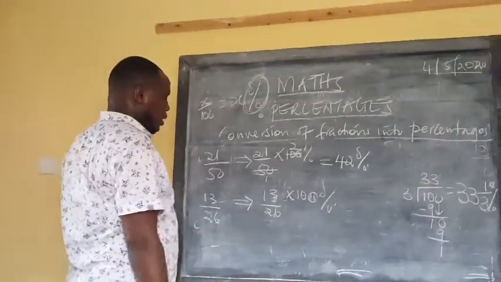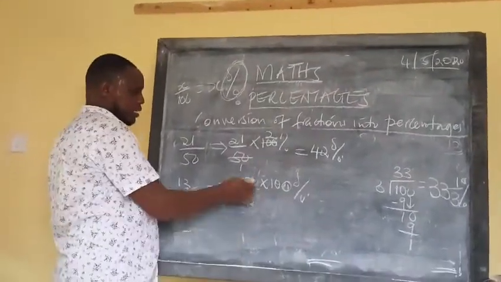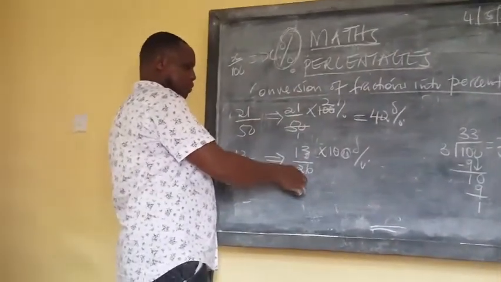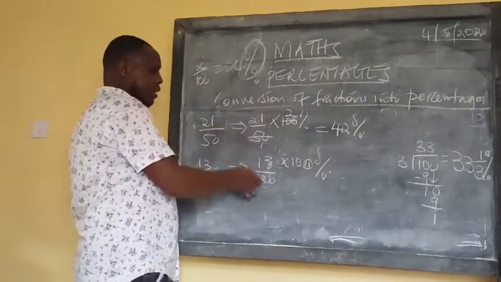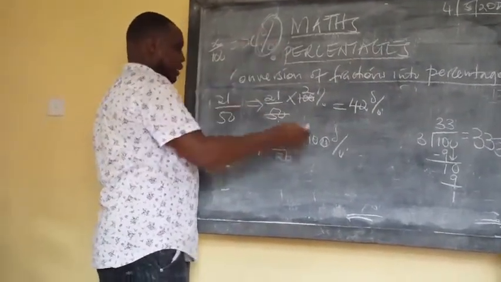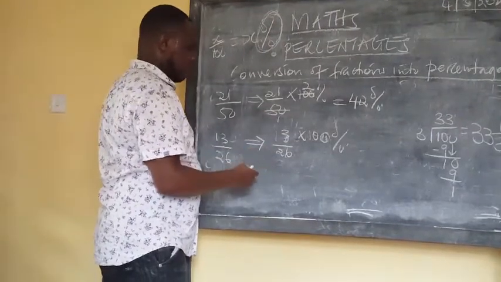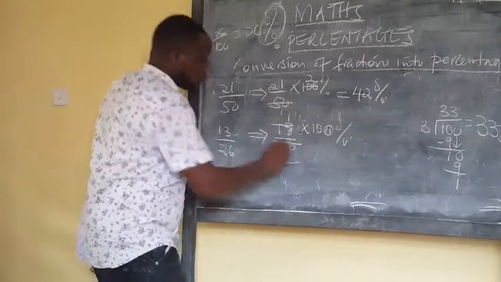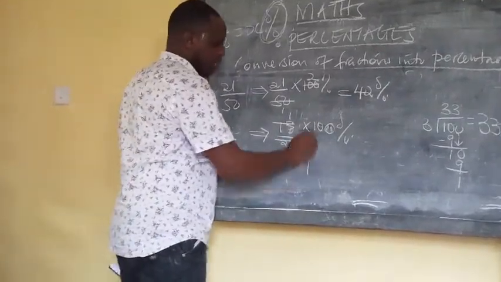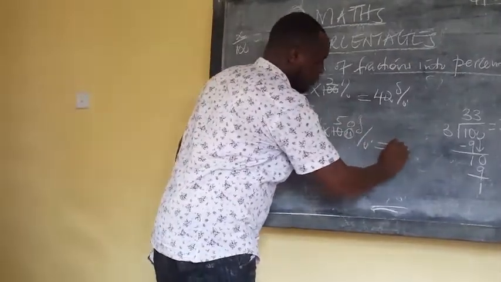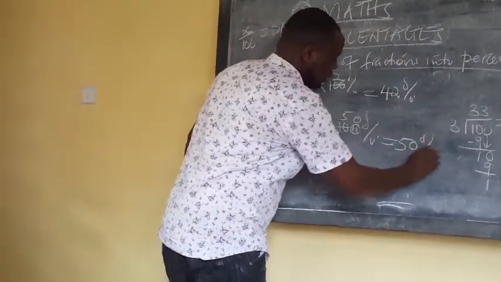So let's see, we can have a common divisor, yes, 13 and 26. Remember, we can simplify either vertically or diagonally and get still the same thing. So by 13, 1; by 13, 2; by 2, 1; by 2, 50. This will give us 50%.